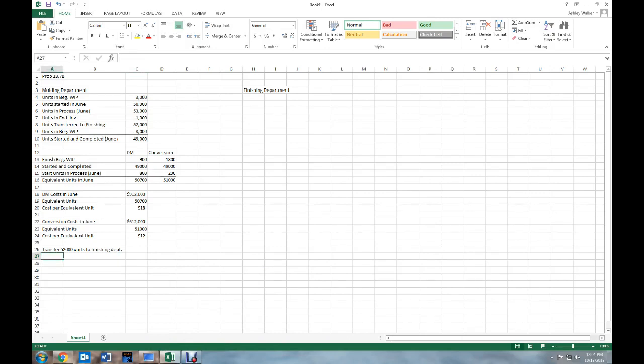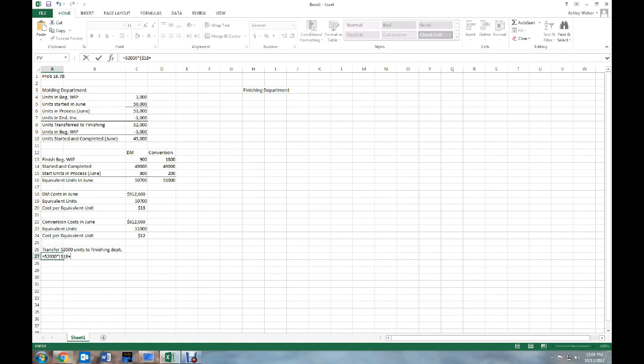Transfer 52,000 units to the finishing department. So we know 52,000 units. You do this with a formula. We know what our costs were. Cost per equivalent unit of direct materials was $18. So you can do this in 2 steps or you can do it in 1, however you want to.